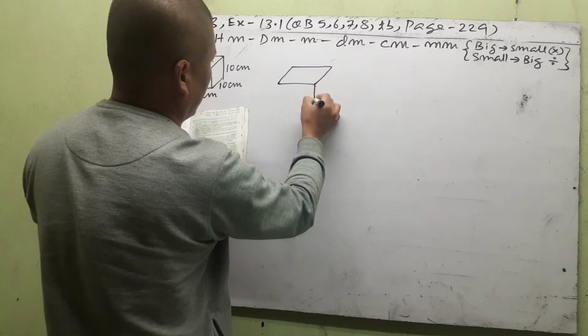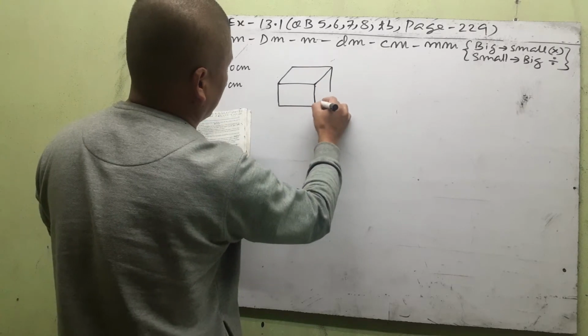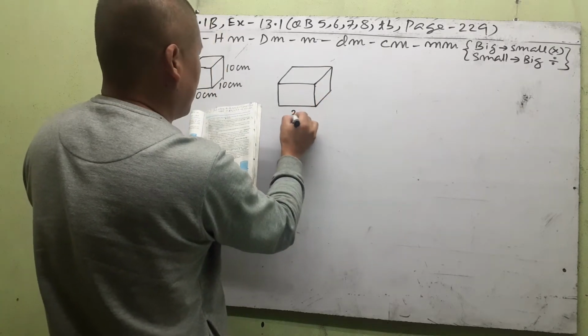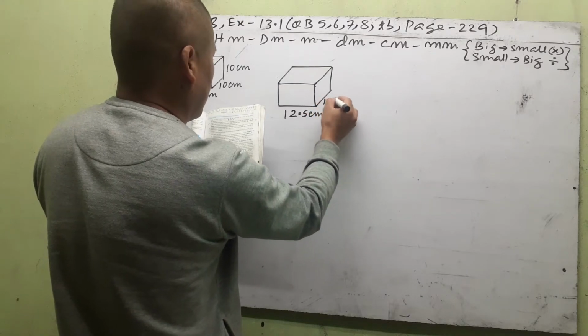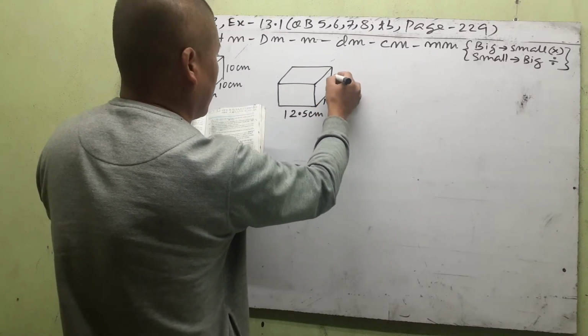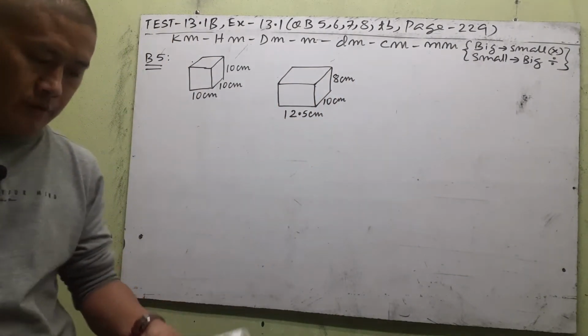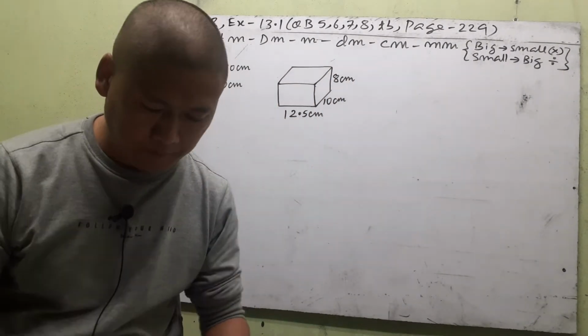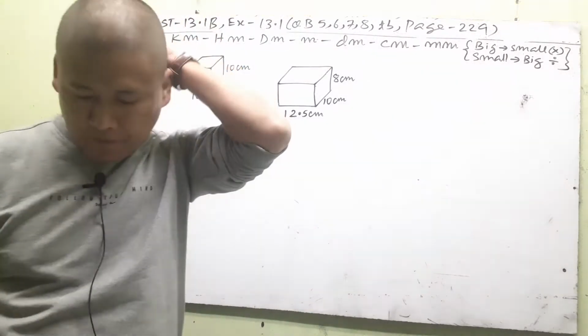So it's the shortest, the height is. So this is the picture. So 12.5 centimeter long, 10 centimeter wide, and 8 centimeter high. So which box has greater lateral surface area and by how much?